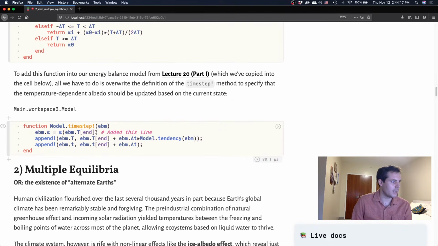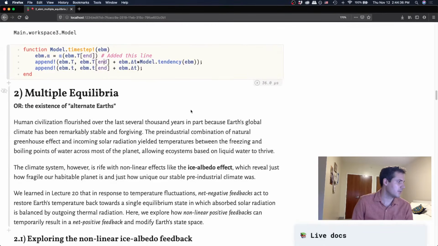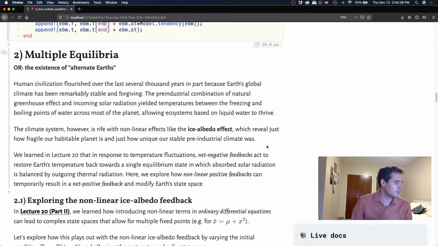And the only thing we're adding here is that we're saying at every time step, we want you to override the albedo in the model with this temperature-dependent albedo. And so if the temperature changes such that some of the ice melts, it's going to incorporate that by changing the albedo here. All right, so let's run that, and now let's look at what happens.